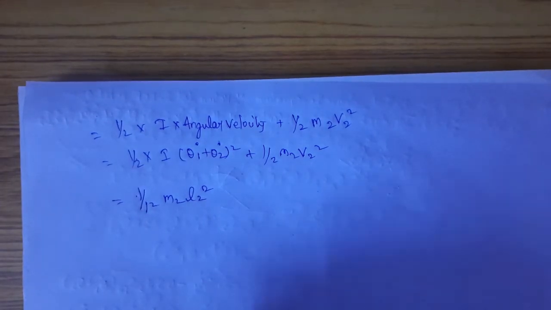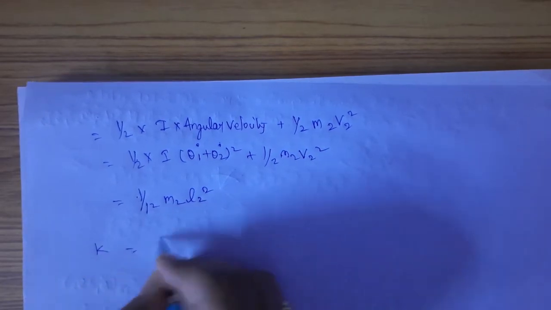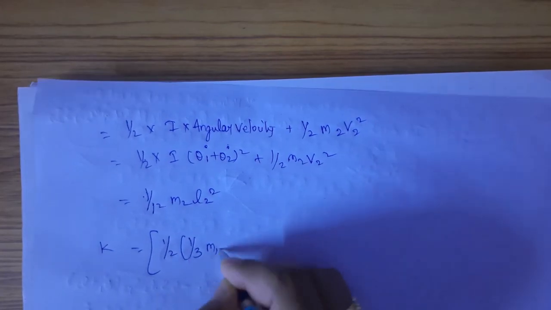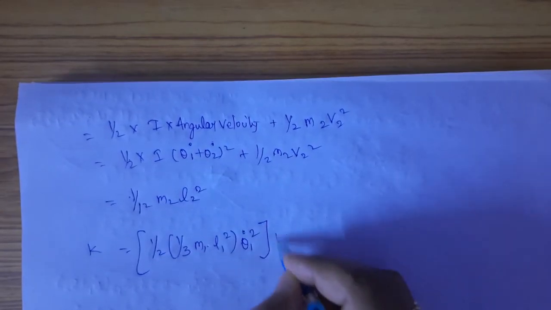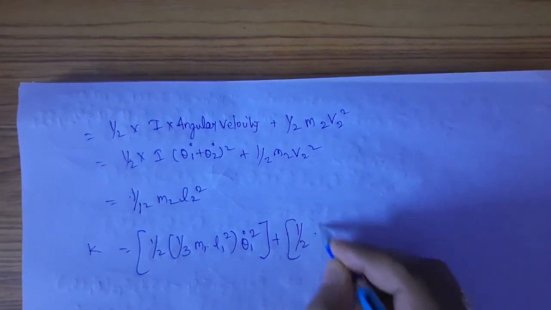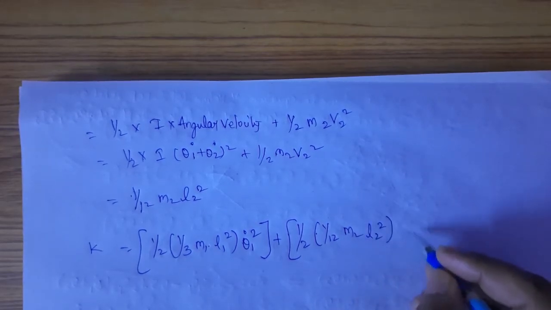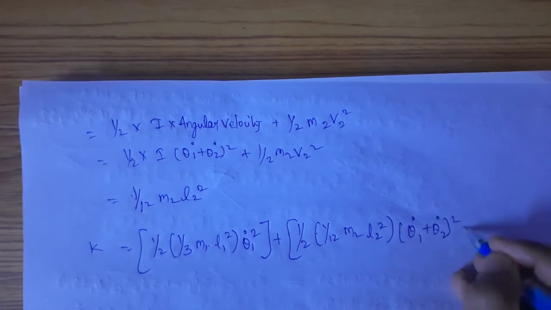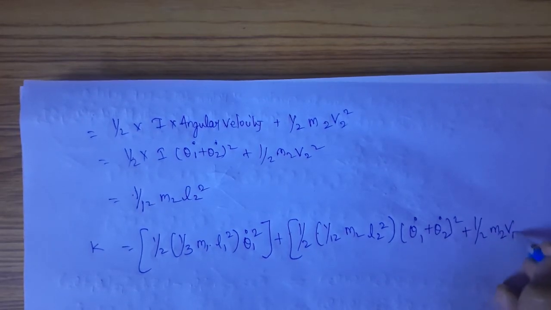After substituting those values, K is equal to 1 by 2 into 1 by 3 m1 l1 square into theta dot square, plus 1 by 2 into 1 by 12 of m2 l2 square into theta dot 1 plus theta dot 2 square, plus half of m2 velocity square, that is vd square.